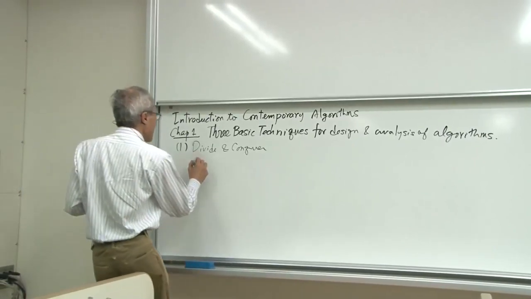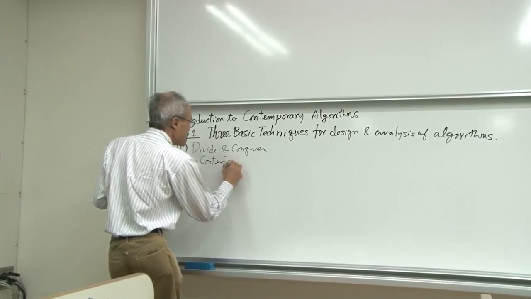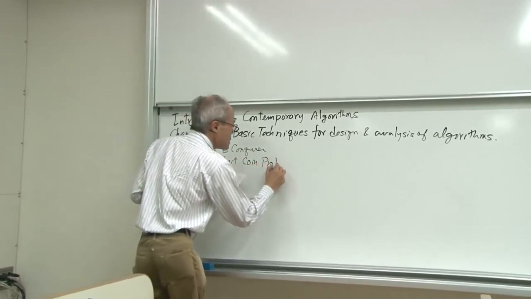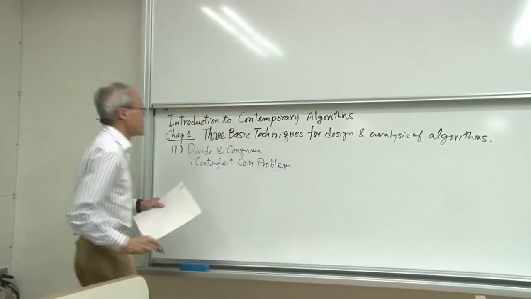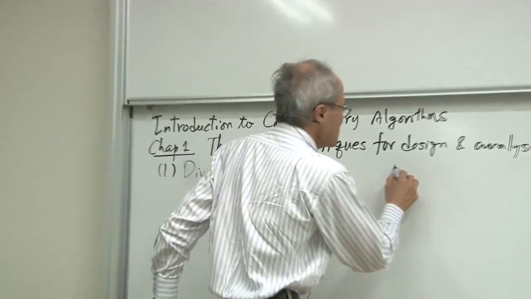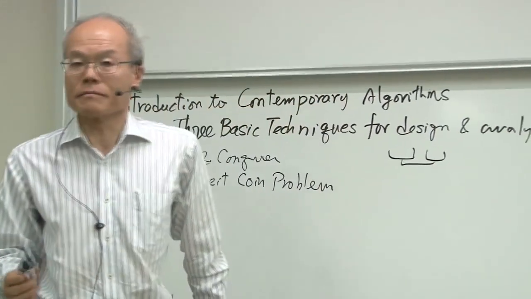The first one is the counterfeit coin problem. That is, we use a balance scale to find a fake coin.